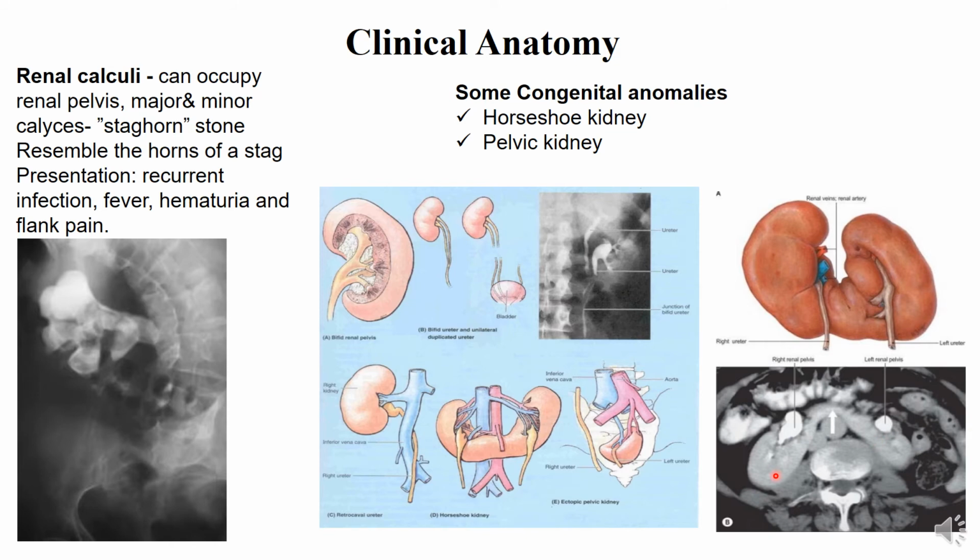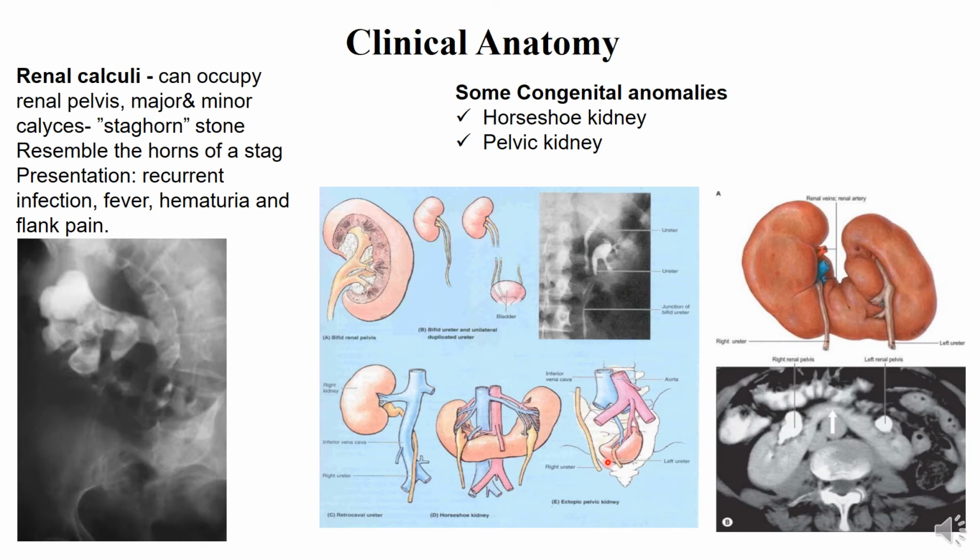One more abnormality is the presence of what is called the pelvic kidney, and that is happening because sometimes the embryonic kidney on one side or on both sides fails to enter the abdomen and they will stay inside the pelvis, so they will lie anterior to the sacrum.